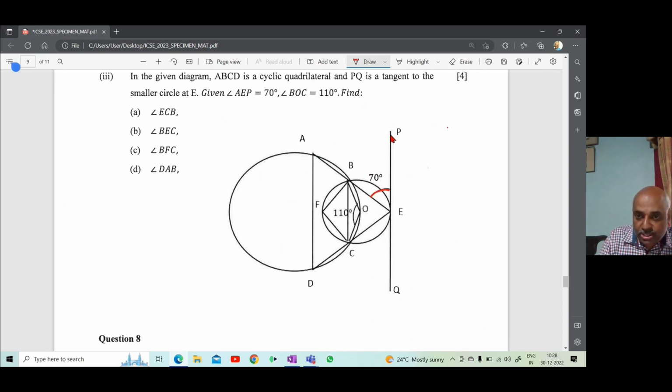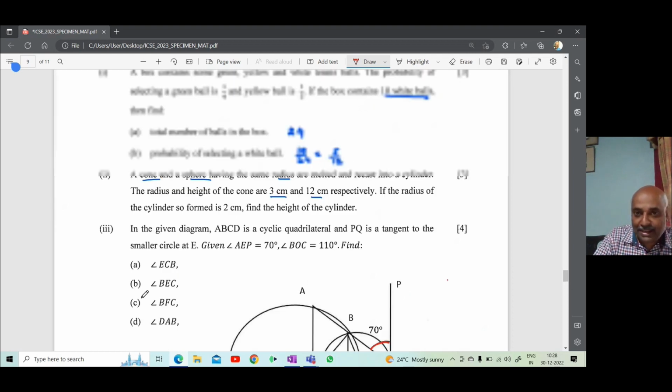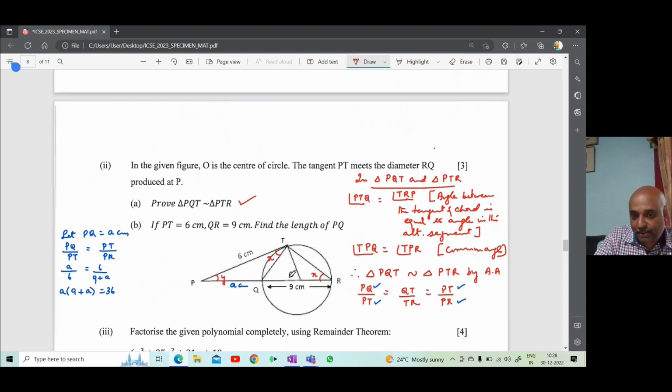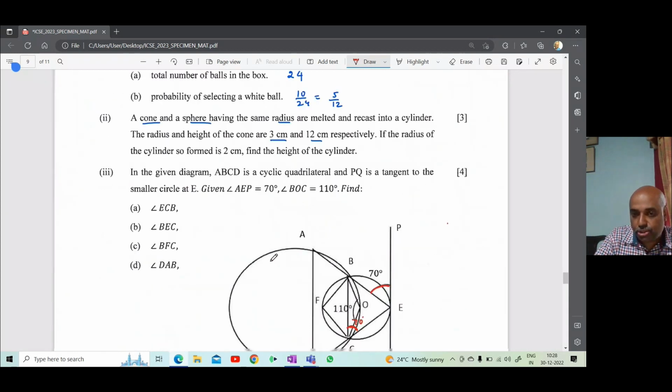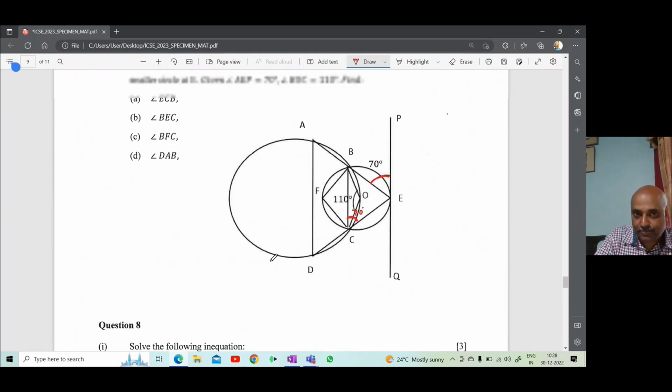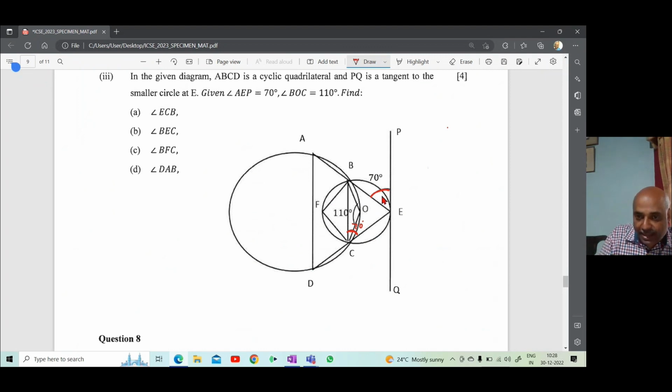So you know this is the tangent and this is the chord. The angle between the chord and the tangent will be equal to the angle in the alternate segment. Earlier also I have explained this to you. So this angle is 70, means this will also be 70.